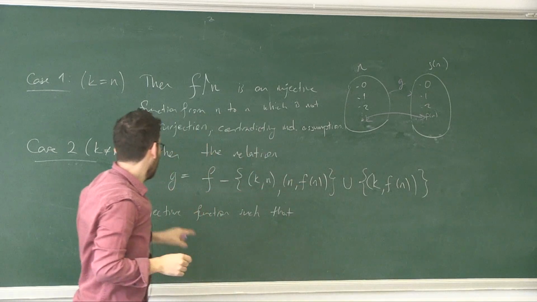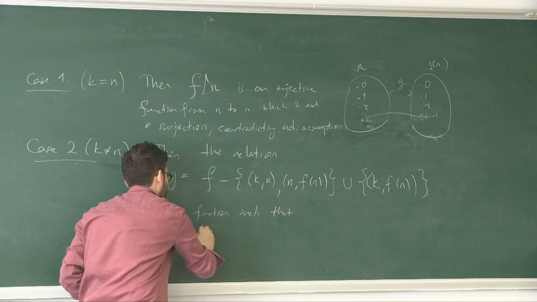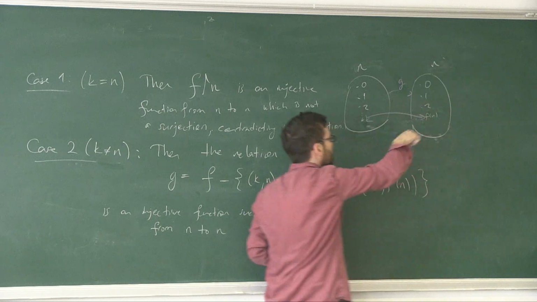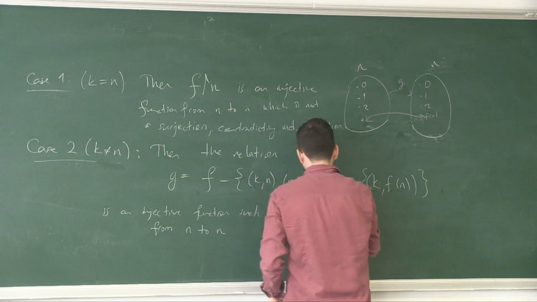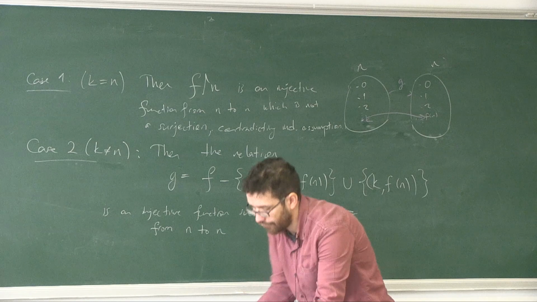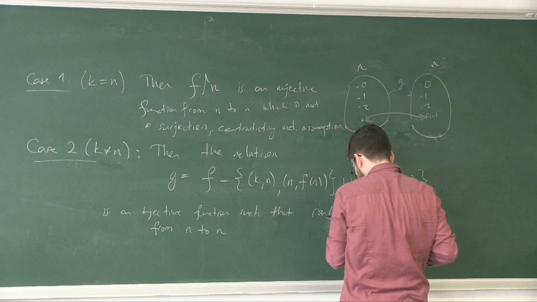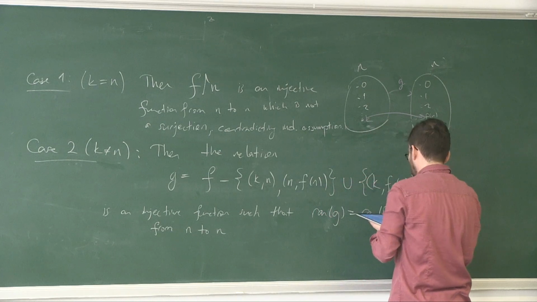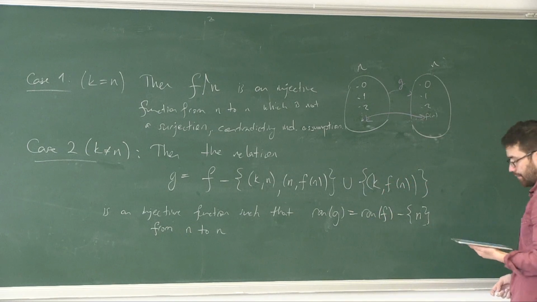Now this guy is an injective function from n to n because I got rid of this n as well. This is an injective function from n to n such that you can easily check simply by this equality that the range of G is the same as range of f, except the last guy I deleted, n.